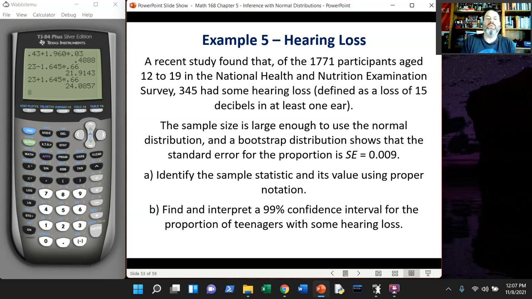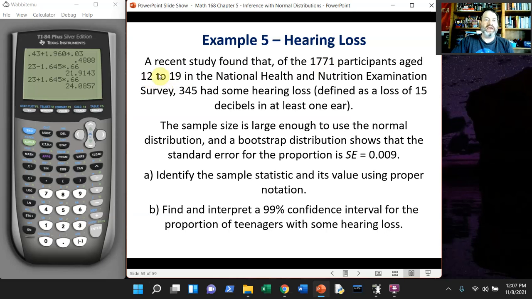All right, so what is our sample statistic? Pause the video if you want to think about it. Well, we can see that there's a whole bunch of numbers here, right? What numbers matter? Well, this is clearly the sample size.